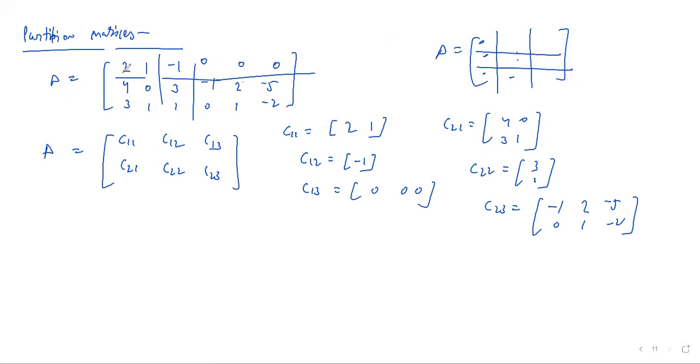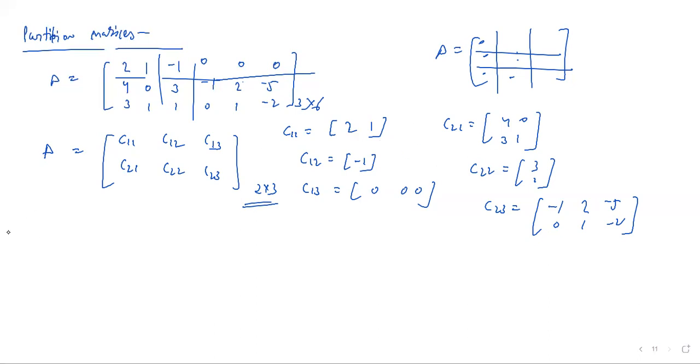Here I have a matrix of 3 cross 6, and here a matrix of 2 cross 3. So I have partitioned this matrix into small blocks C11, C12, C13, and so on.